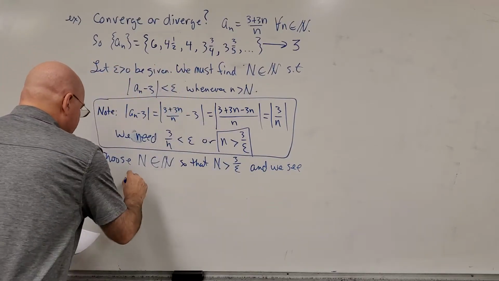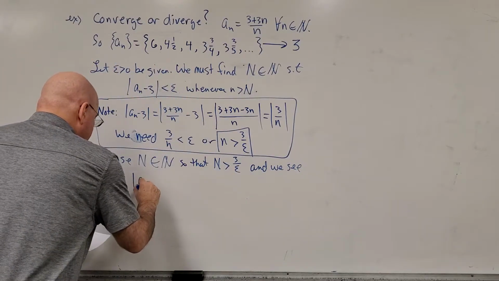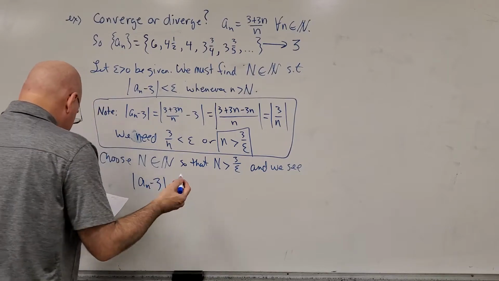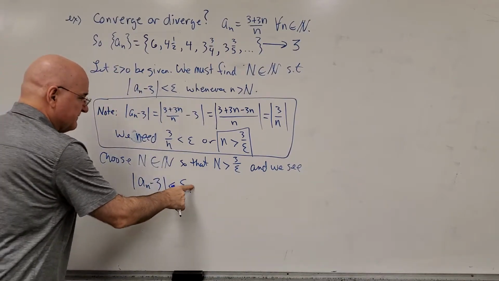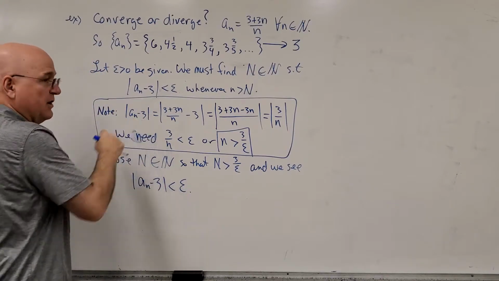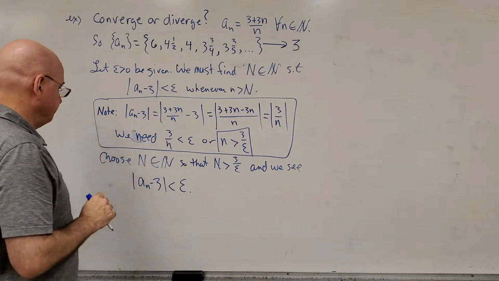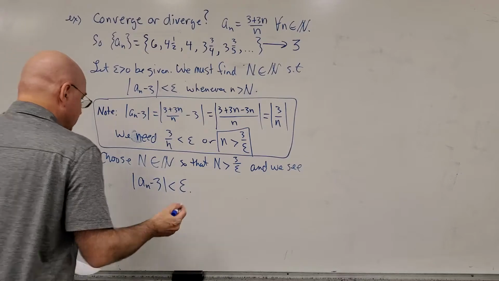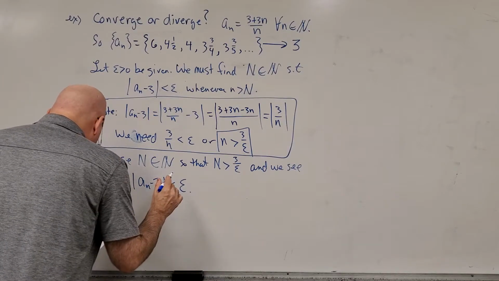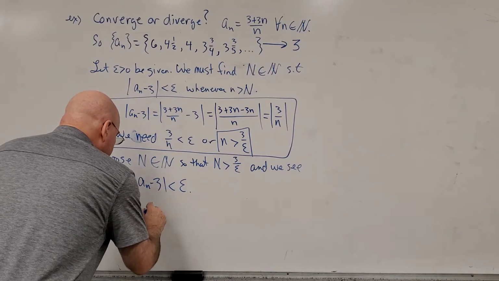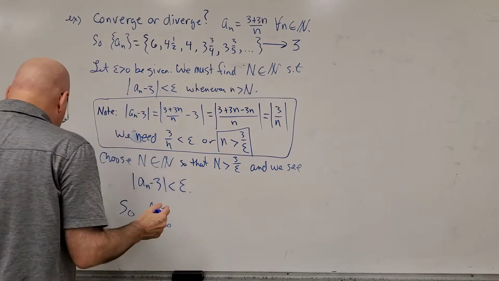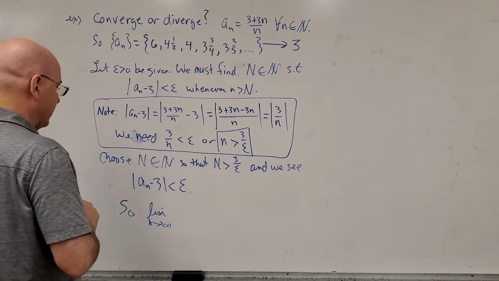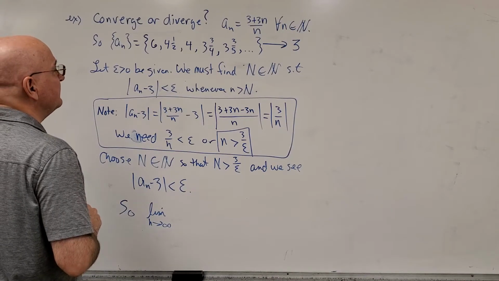And we see that a_n minus 3 is less than epsilon. If you want to put a justification in parentheses, see note above. So I can write this 2 different ways. The limit as n goes to infinity of a_n, do I want to write it out, or do I want to just write a_n?